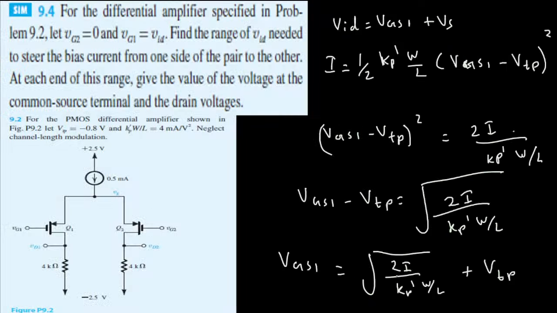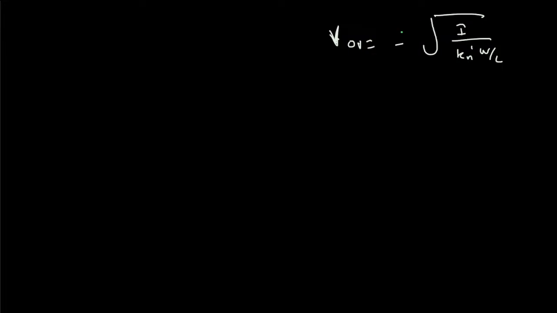If you compare this one and that, the only difference is we have a 2 multiplying here. So if I take the 2 outside of the square root and put this term alone, instead of that term I can substitute this VOV over there.